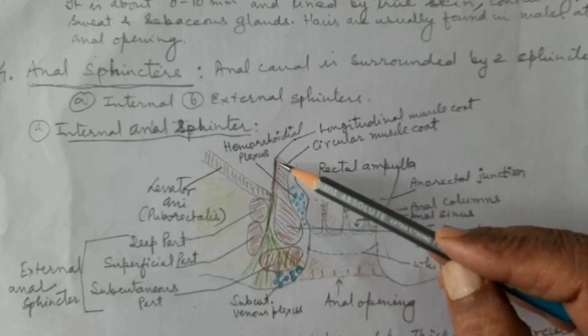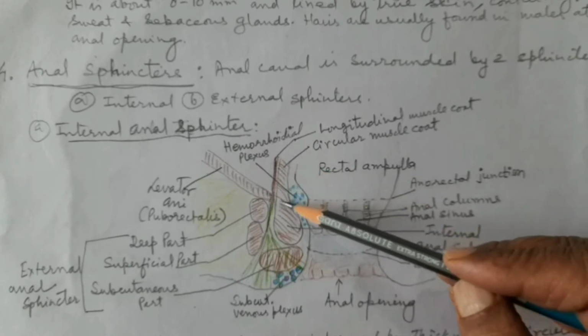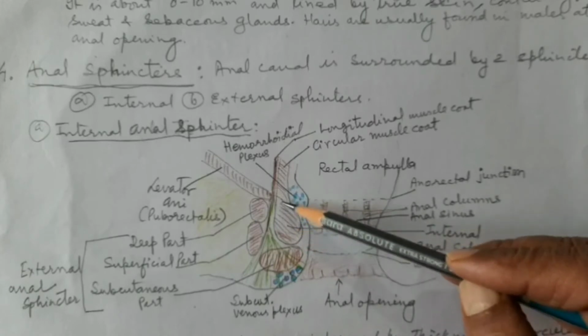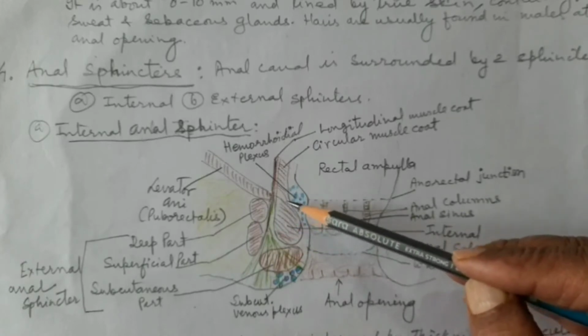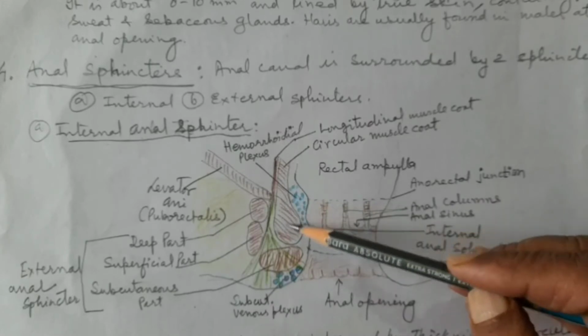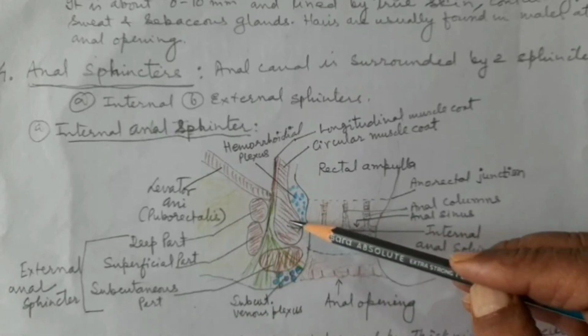Now the circular muscle coat of the rectum at its lower end, at the anal canal, becomes quite thickened and forms a circular cord around the upper part of the anal canal, and this forms the internal anal sphincter.